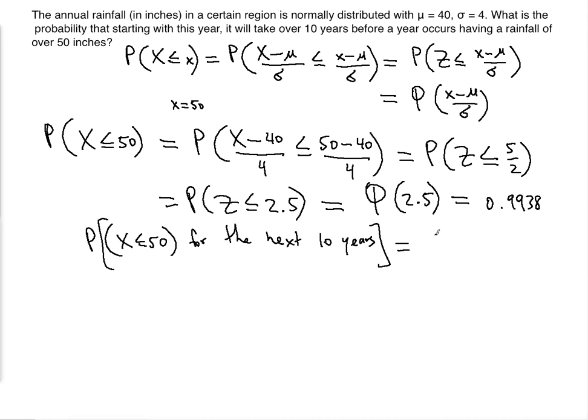So you will have 0.9938 raised to the 10th power, because when it comes to independence, the probabilities must be multiplied. And there will be 10 instances of this number, 0.9938, because we're talking about 10 years. So when you multiply this 9 times, because the first one is already there, you will have this raised to the 10th power.